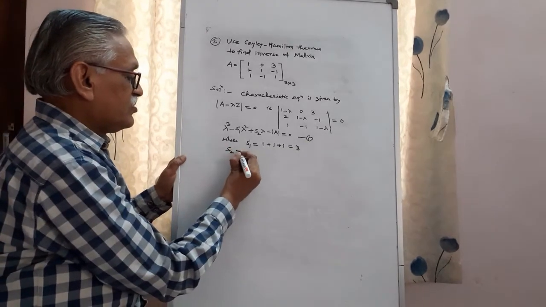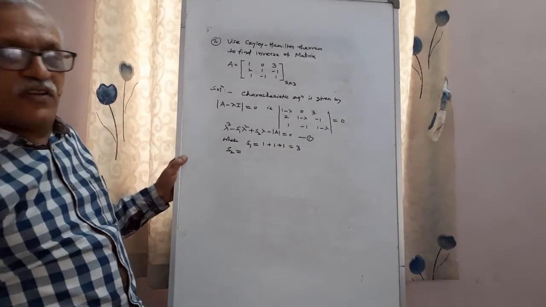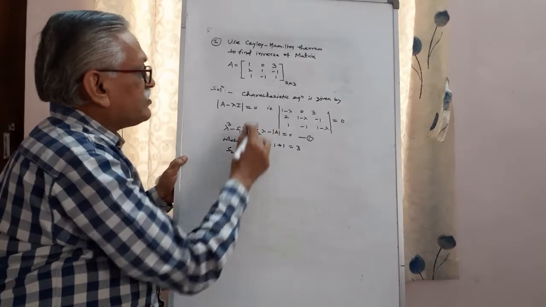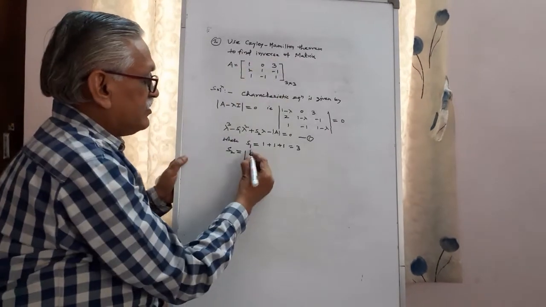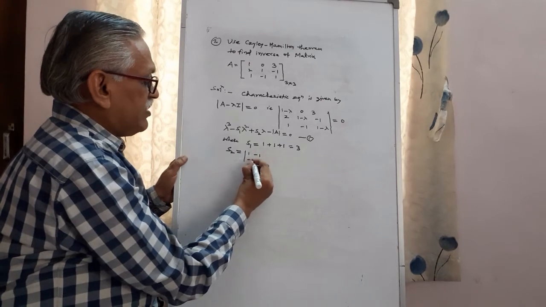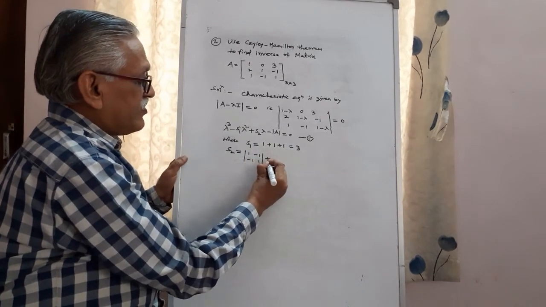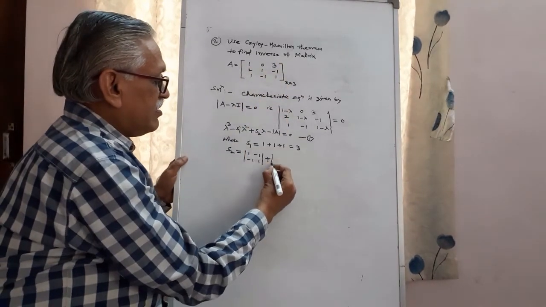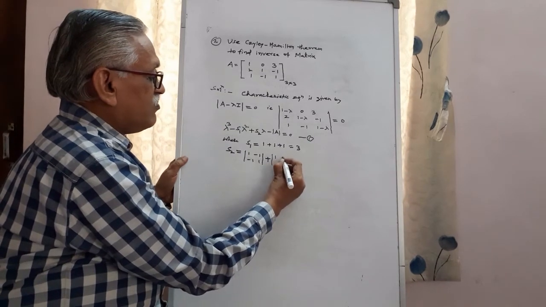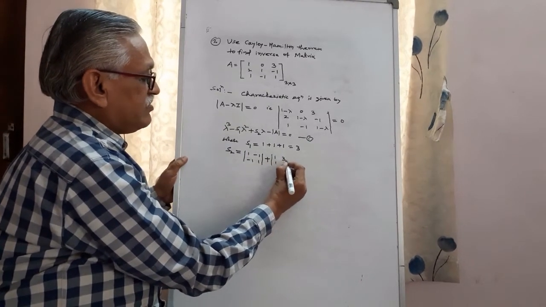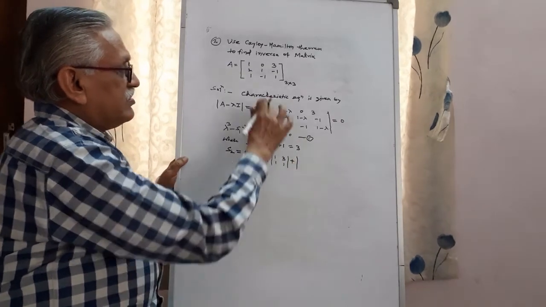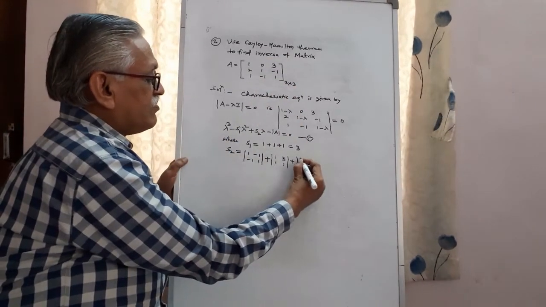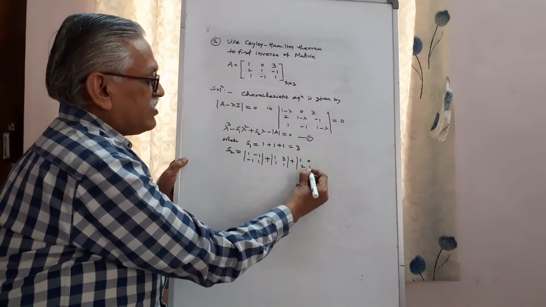Then S2 is the sum of the minors of the principal diagonal elements. The minor of the first diagonal element, neglecting this row and this column, is the determinant of 1, minus 1, minus 1, 1. Then the minor for the second diagonal element, neglecting this row and this column, the remaining elements are 1 3 1 1. Then the minor for the last diagonal element, neglecting this row and this column, is the determinant of 1 0 2 1.